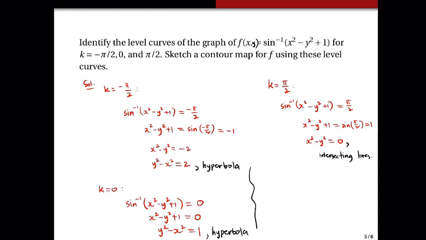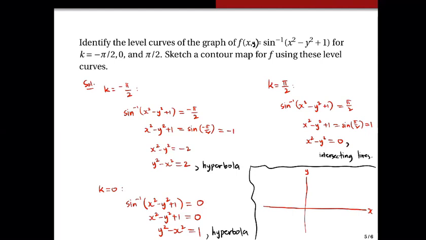So if we try to sketch this, let me use different colors in here. I'll use red for the Cartesian plane. So this is your y, this is your x.